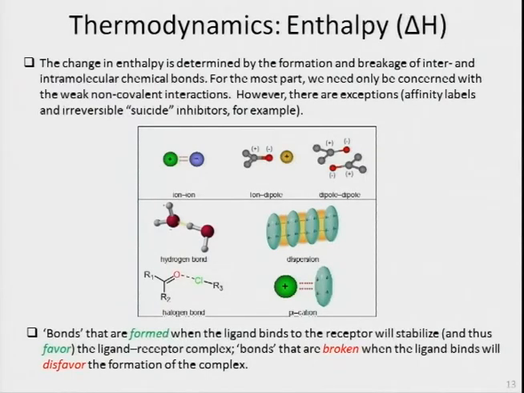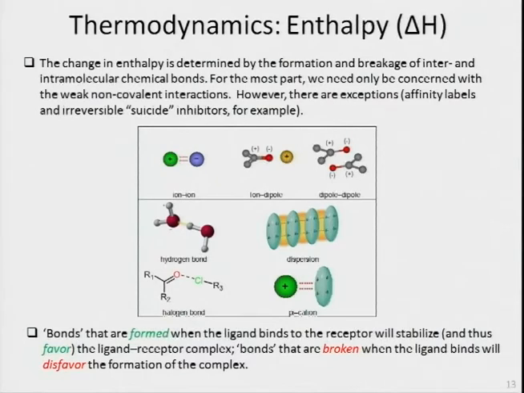There are suicide inhibitors and affinity labels and such. And also, in the world of serine proteases, such as thrombin and antithrombin, there's a reaction that takes place, and that's basically how the inhibition takes place.